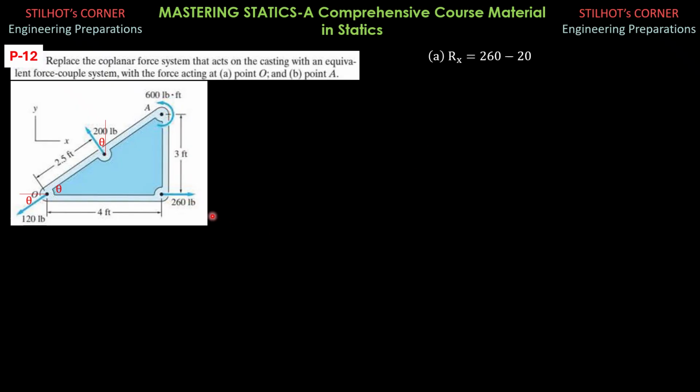Rx equals 260 minus 200 sine theta, and sine theta is 3/5. So we have 3, 4, so the hypotenuse should be 5.